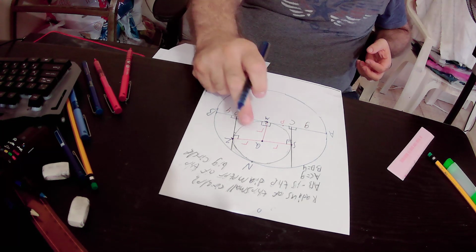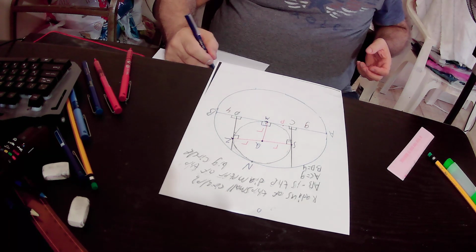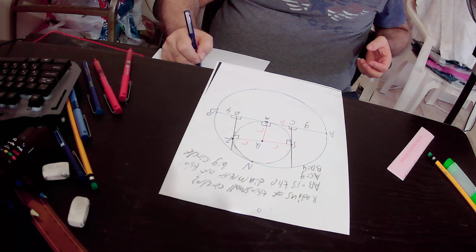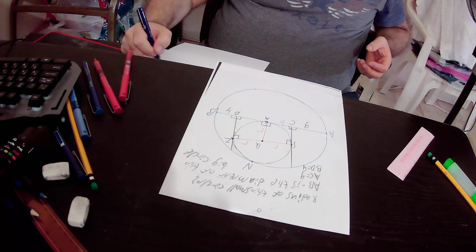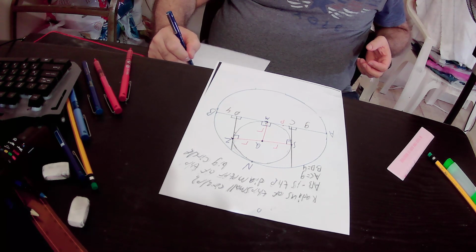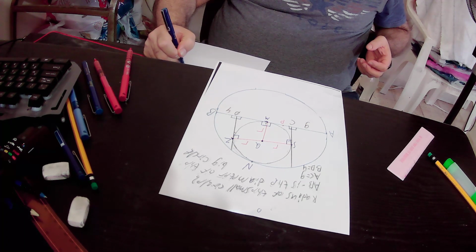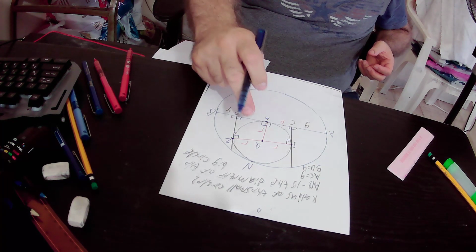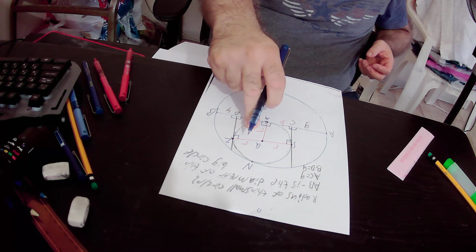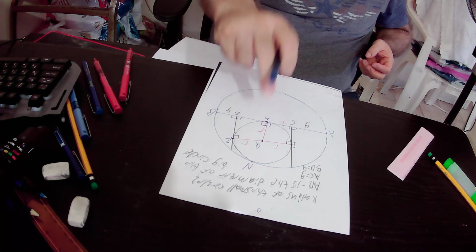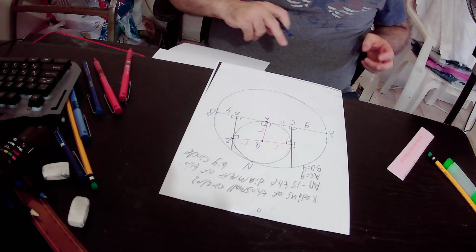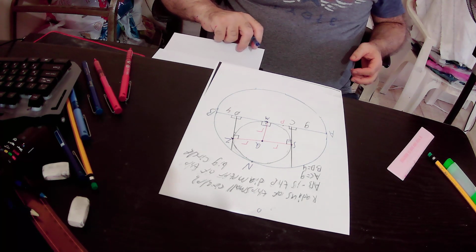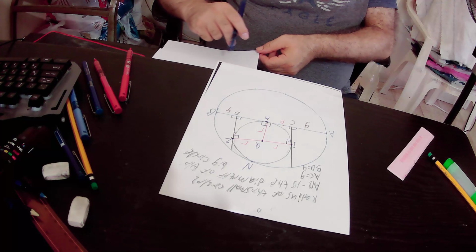So the sum of those 3 angles is 90 degrees times 3, 270 degrees. Okay, the sum of the 3 angles of the quadrilateral QZMD equals 270 degrees.